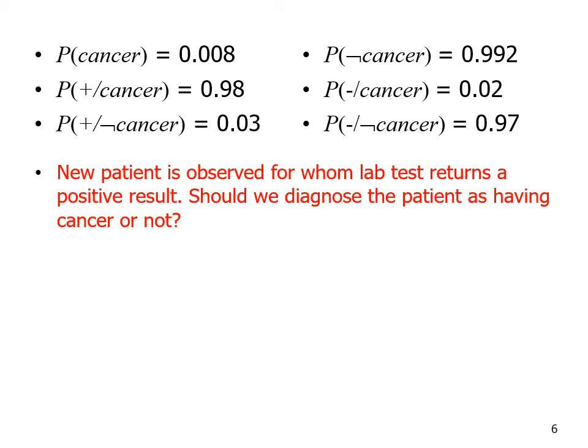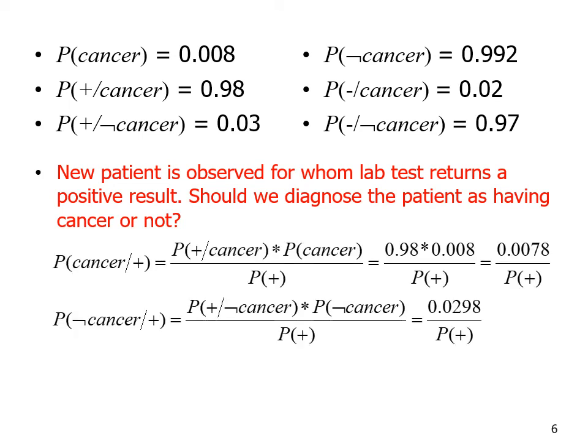So whether we should diagnose the patient as having cancer or not, that is what we would like to find. Now let us try to find out the probabilities for both the hypotheses. Hypothesis 1, that the patient has cancer. Hypothesis 2, the patient does not have the cancer.